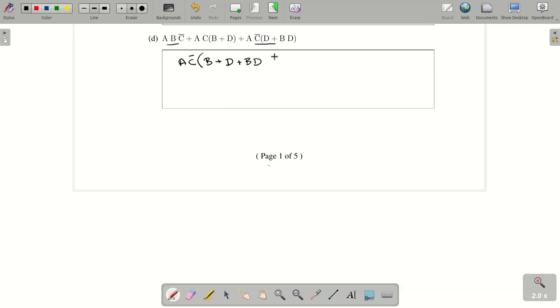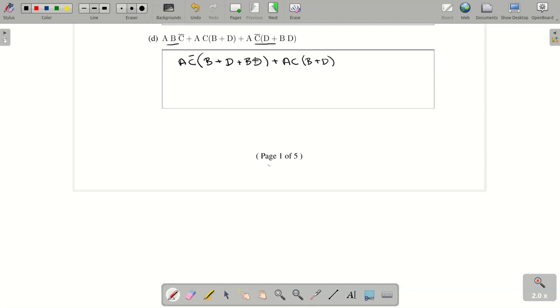OR BD, plus A, C, B, and D. Right. So whenever you have this, B and D, it's saying this whole part is going to be high when B is high or D is high, or when B and D are both high.